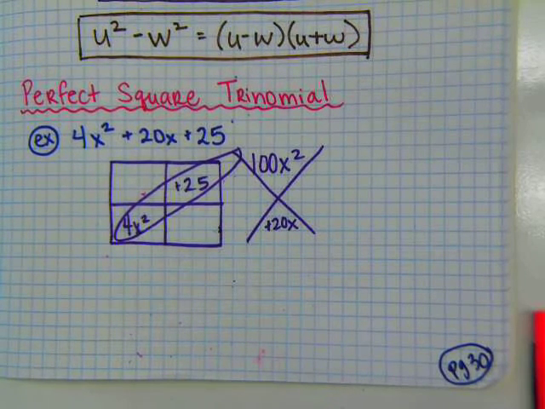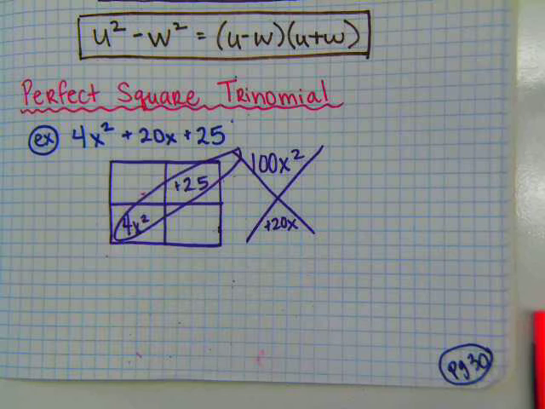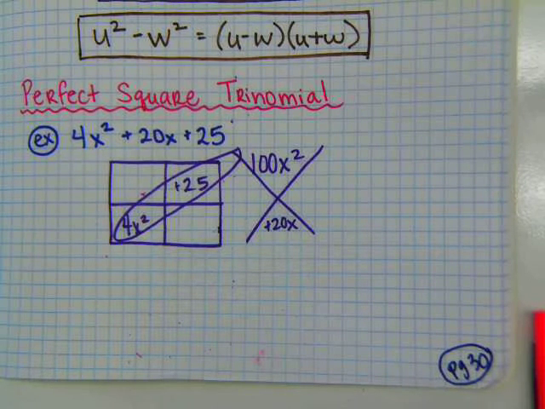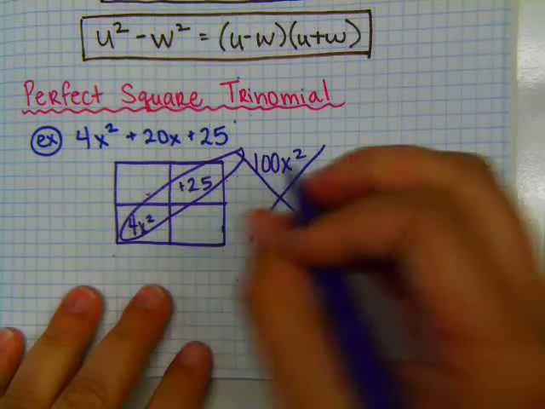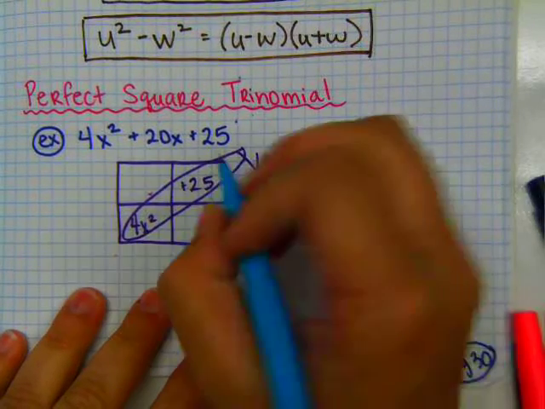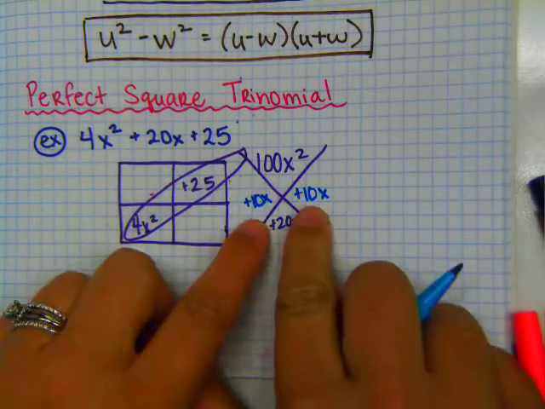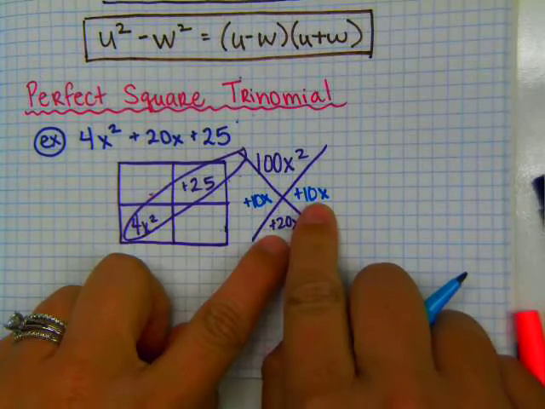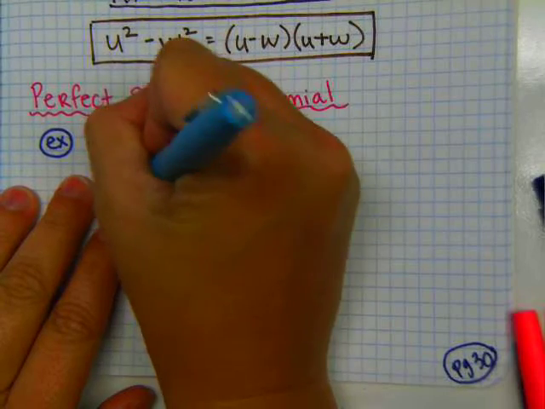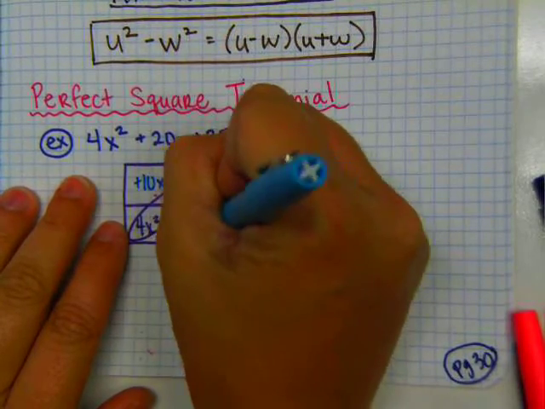Multiplying to 100, adding to 20, what do you think that would be? Hopefully you guys wrote down plus 10x, plus 10x. 10 times 10 is 100. 10 plus 10 is 20. So I'm going to put those here and here.